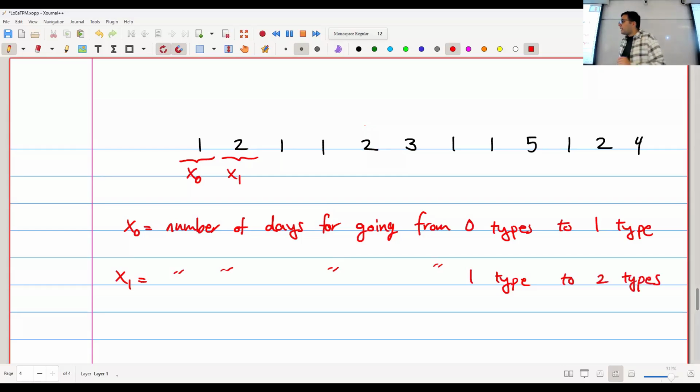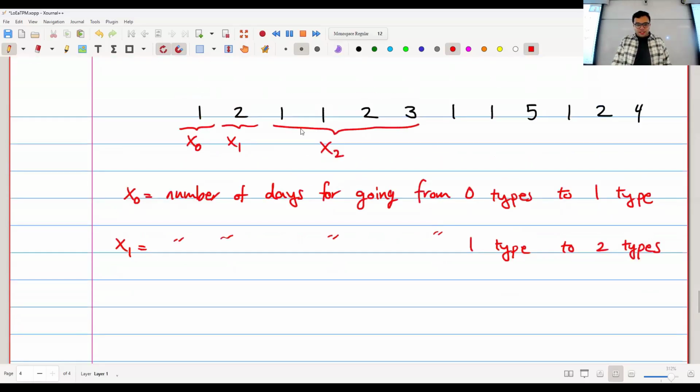In this particular example, x1 is also 1, right? And then I'm going to have x2, which is the number of days to go from 2 types to 3 types. In this case, x2 is actually 4.